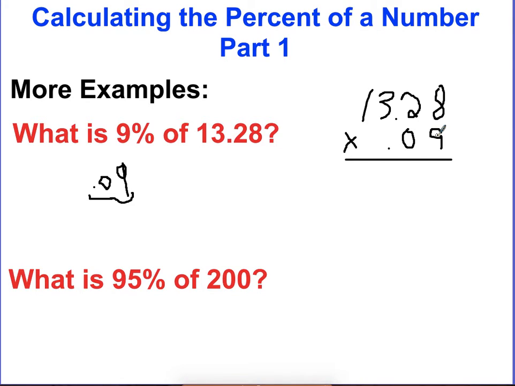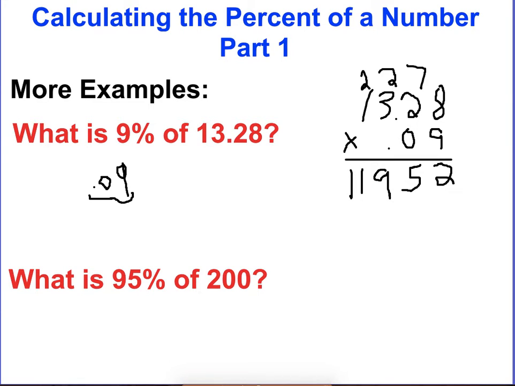9 times 8, 72. 9 times 2, 18, plus 7, 25. 9 times 3, 27, 28, 29. 9 times 1 is 9, plus 2 is 11.